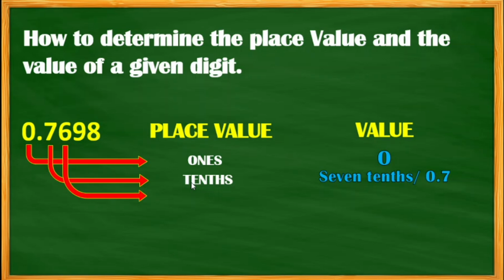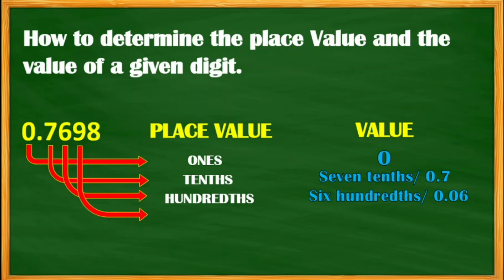Next, 6. What would be the place value of 6? Very good. It is hundredths. So, the value now is 6 hundredths. Next, 9. What would be the place value of 9? Very good. This is thousandths.